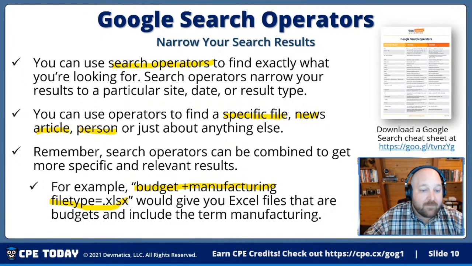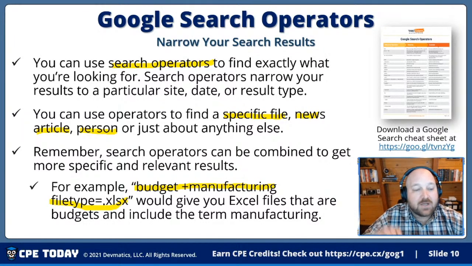I would get a budget, specifically including the term manufacturing, of the file type Excel .xlsx. And so we're going to focus on taking a look at a variety of these different search operators, because they can really add a lot of value to our search.